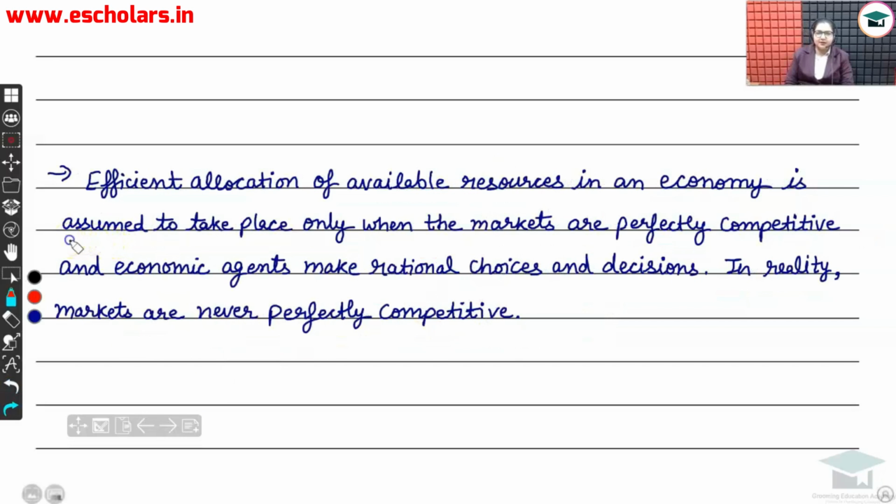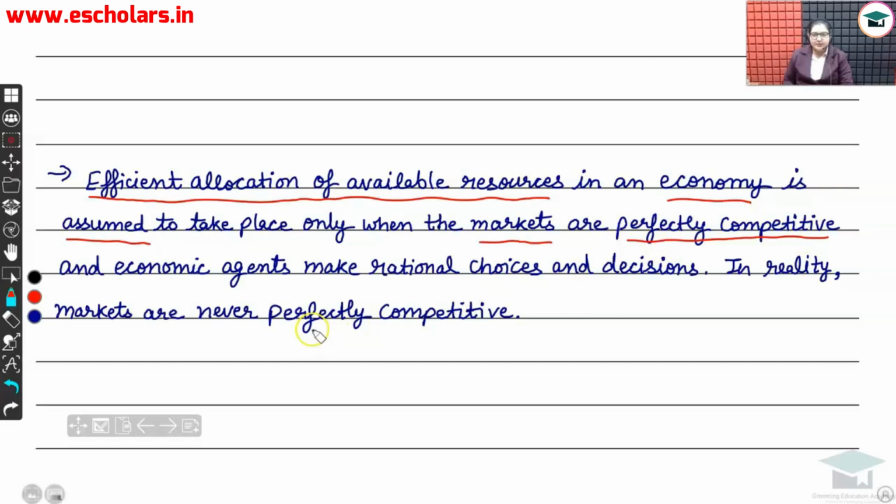Also students, it is assumed that efficient allocation of available resources, that is optimal allocation of available resources in an economy, can be done only when there are markets which are perfectly competitive in nature. Or you can say, in case of perfectly competitive markets, the efficient allocation of available resources can be done.